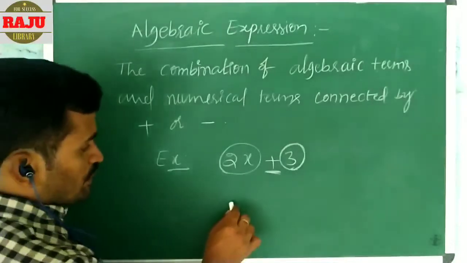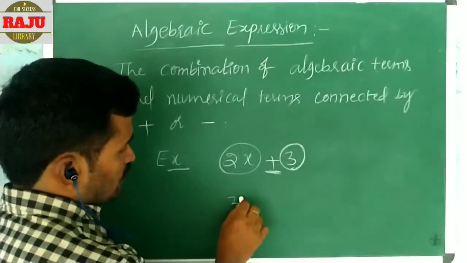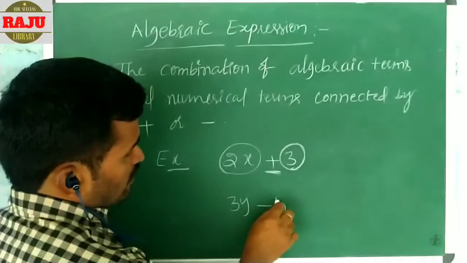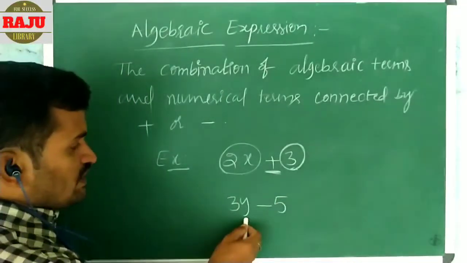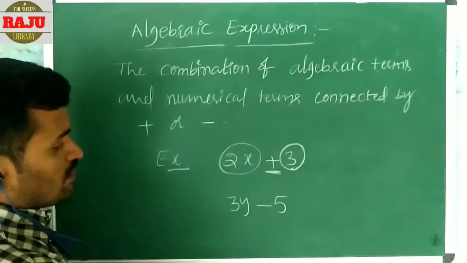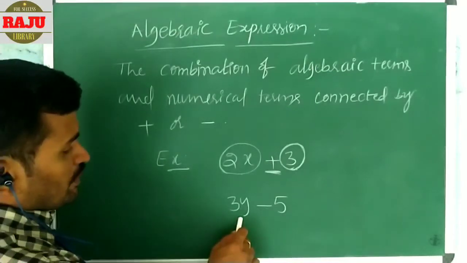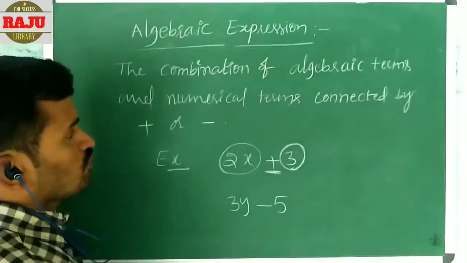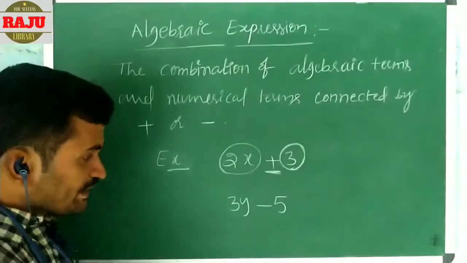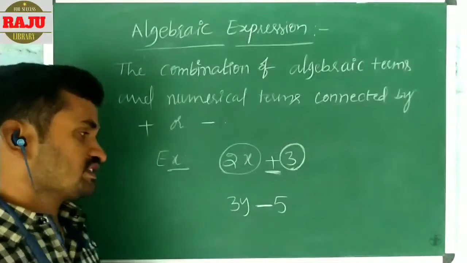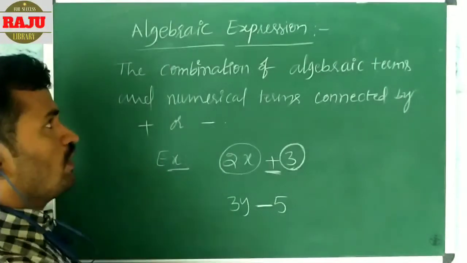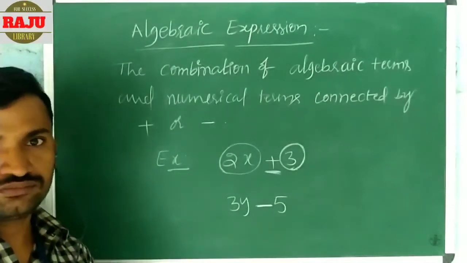For example, if you take one more, 3y minus 5. Here 3y is an algebraic term, 5 is a numerical term, connected by the mathematical operation minus. So it is also an algebraic expression.